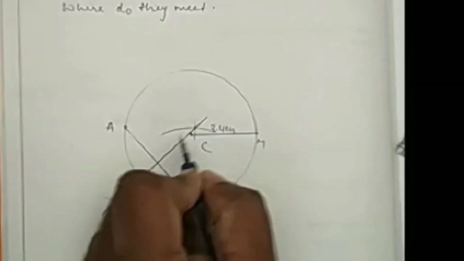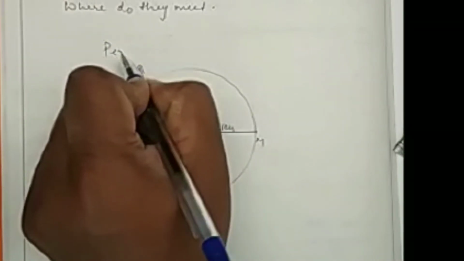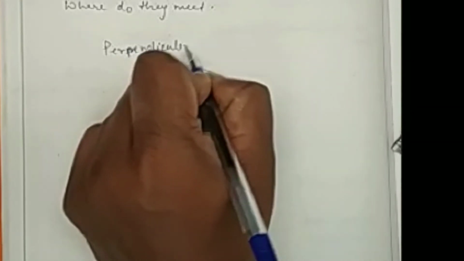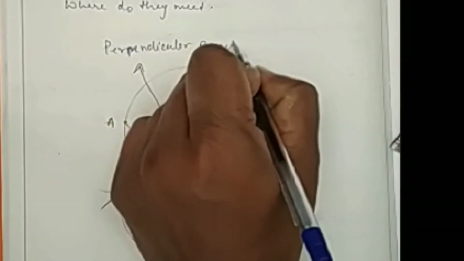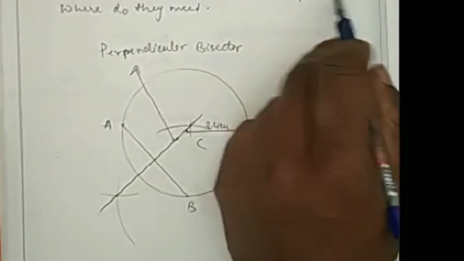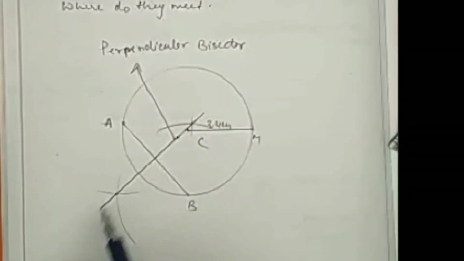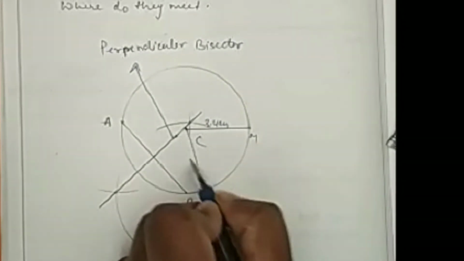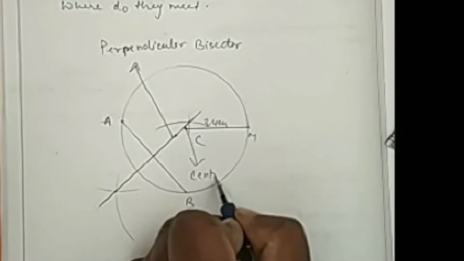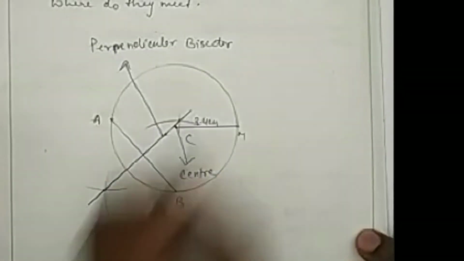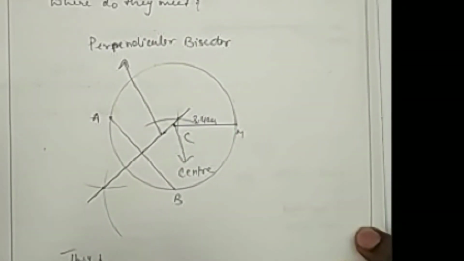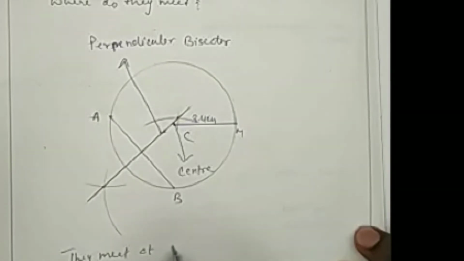This is the perpendicular bisector. This line is what? This line is a perpendicular bisector. Construct the perpendicular bisector of AB. Where do they meet? Where does this bisector meet? They are meeting at, this is what? Center. So they meet at center.